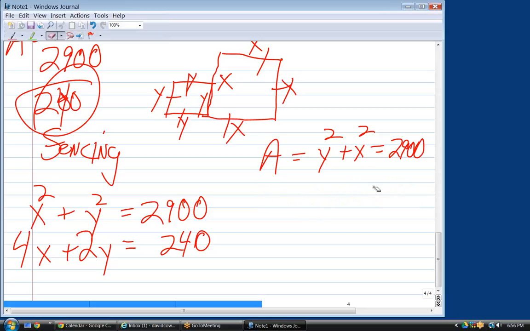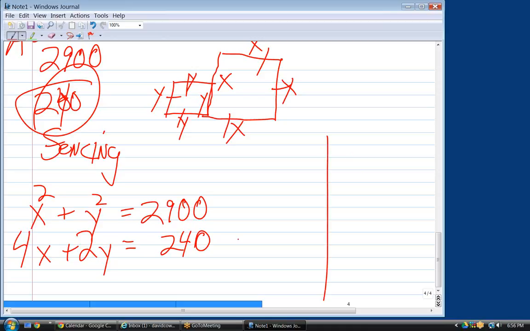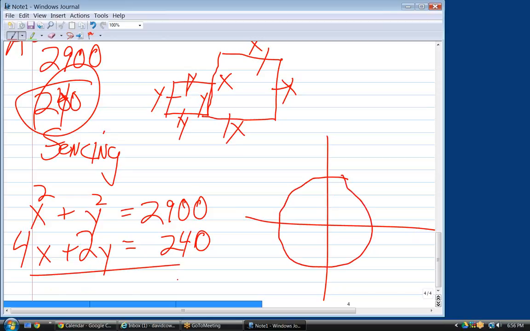Now, where is our solution going to come? Well, let's graph this. What's this equation the equation of? A circle. With a radius of the square root of 2,900. What's this an equation of?